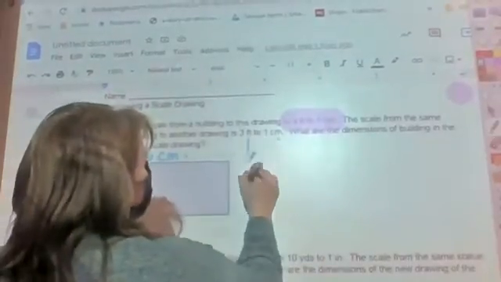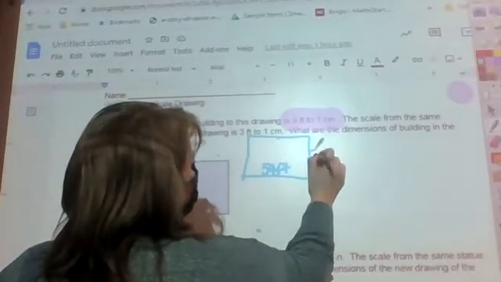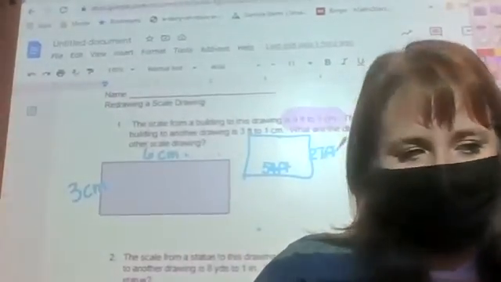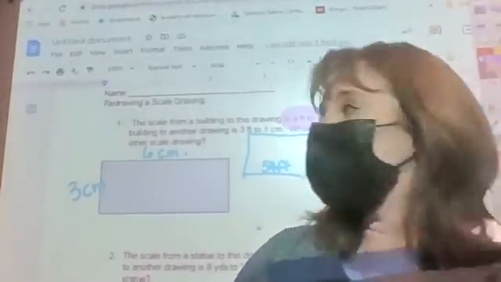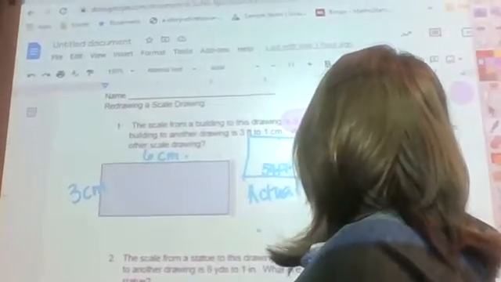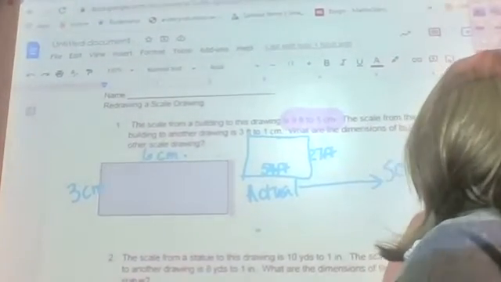So here's what I know. The actual is 54 feet by 27 feet. But now I'm making a new drawing, a scale drawing. So now I'm going from the actual down to a new scale drawing.